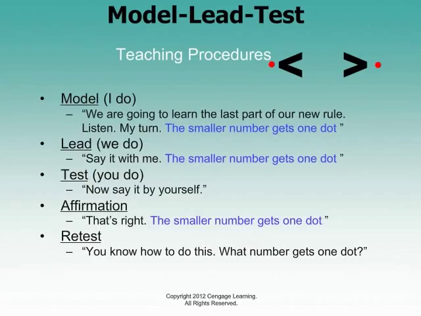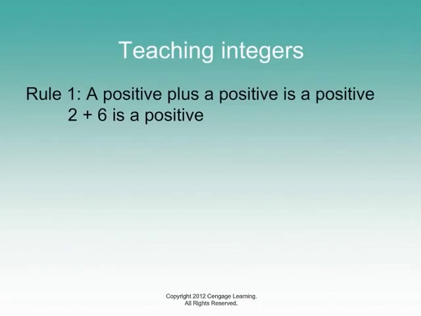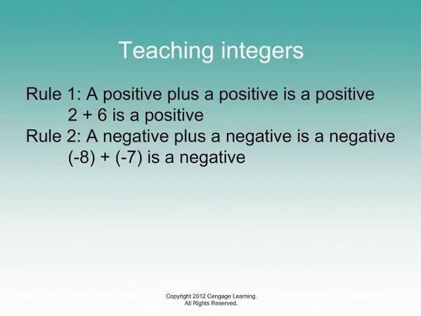So you see this was a super easy example of teaching procedures, and I think I may have started with this example and then went back to the greater than on the number. But the teaching integers, teaching students a rule, same type thing.